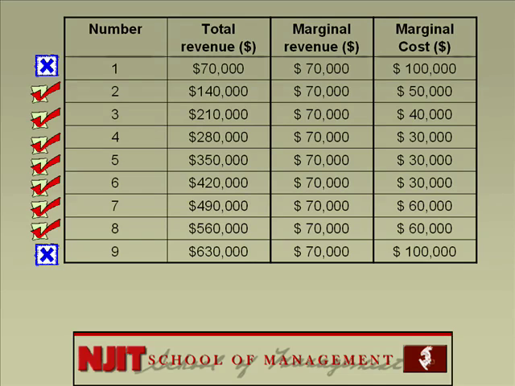So the answer here is the point where MR comes very close to MC is 8 units. At 9, MC is greater than MR. So let me recapitulate. The concepts of marginal revenue and marginal cost are used to figure out the optimum level of output for the company.